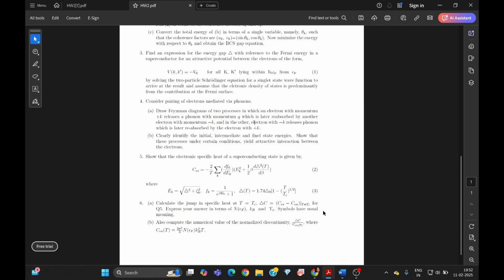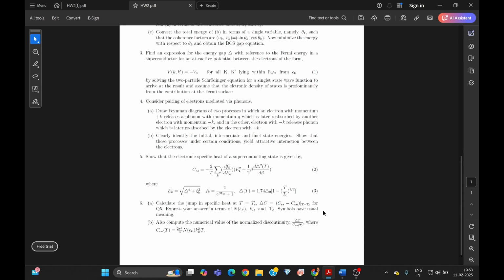This is given, and they have also given Ek equals this, which we have already used earlier. If k is this, delta T is 1.74 delta 0 (1 minus T by Tc) to the power half.